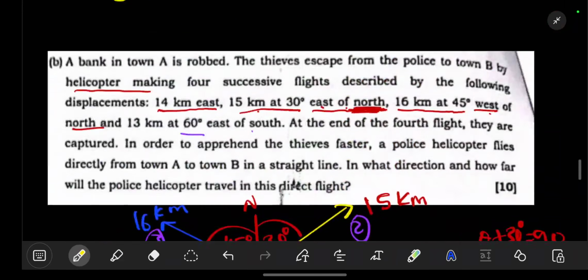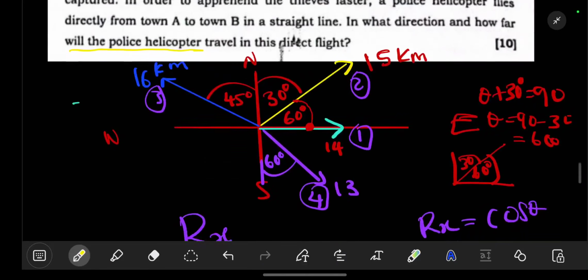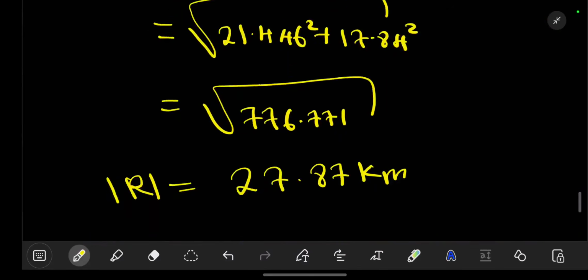So this is the displacement or the magnitude. What is the direction and how far will the helicopter travel in this flight? So that is the answer there. Then the direction, we are looking at the angle.